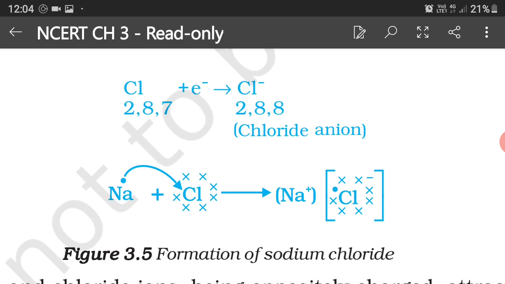That is the wrong method. You have to follow these rules: valence electrons will be shown, and secondly, the 2 different elements will have different symbols for their valence electrons, like sodium here has dots and chlorine has crosses. And if an atom has more than 2 electrons, they will be distributed in all the 4 corners. So this way we need to follow.